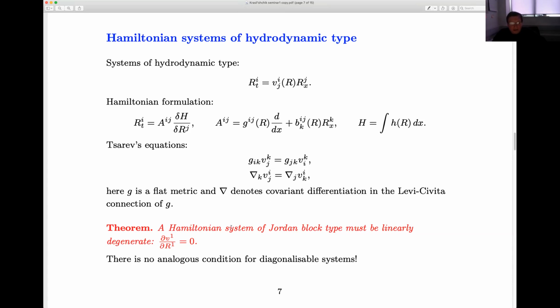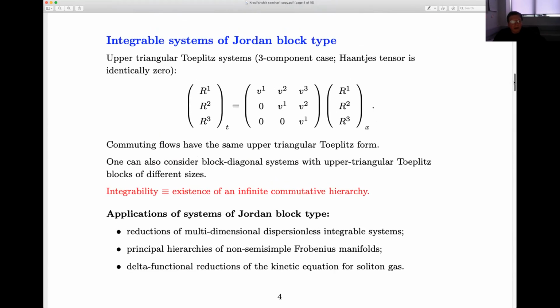Namely, a Hamiltonian system of a single Jordan block type, Toeplitz block type, if it is Hamiltonian, then it must be linearly degenerate. It means its diagonal entry, V1, doesn't depend on the first coordinate R1. dV1 by dR1 equals 0. Let me bring you back to the general formula. So you see this V1 is the diagonal entry, the eigenvalue of this matrix, and this V1 must not depend on R1, right? This is a constraint coming from Tsarev's conditions.